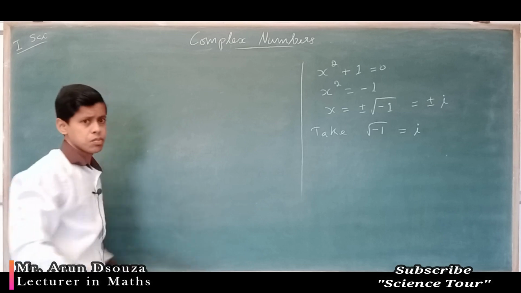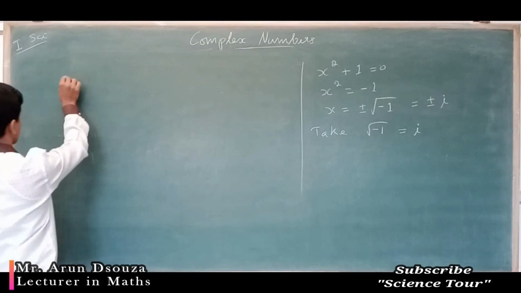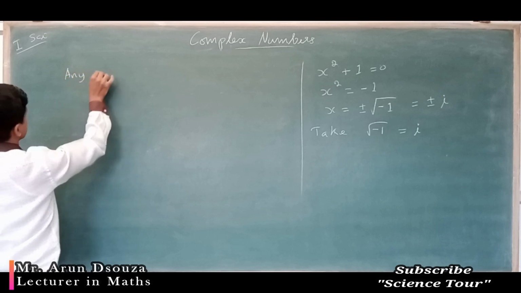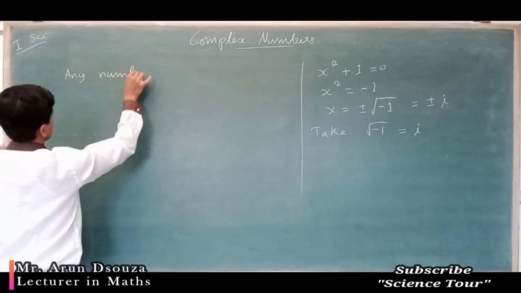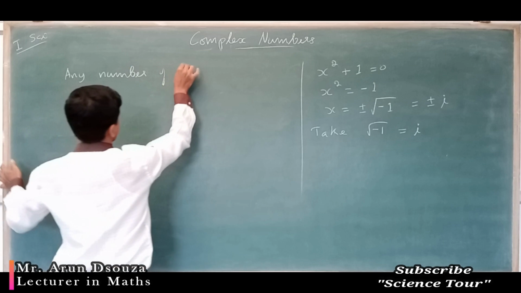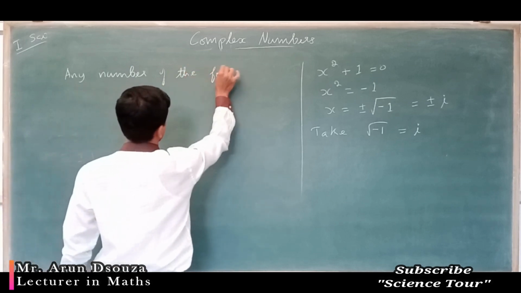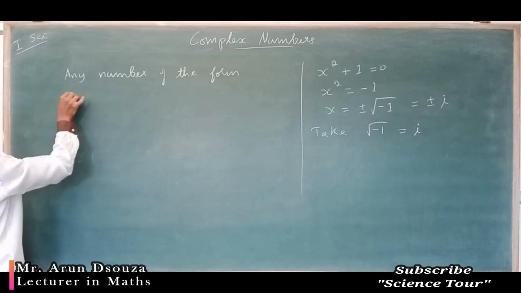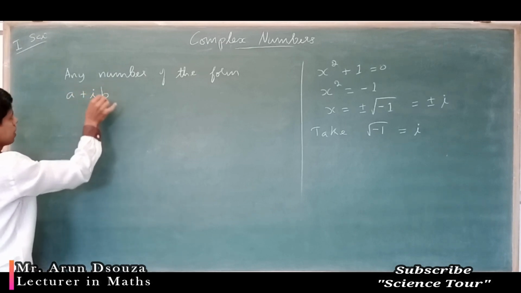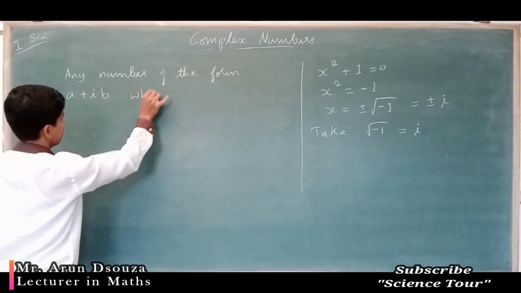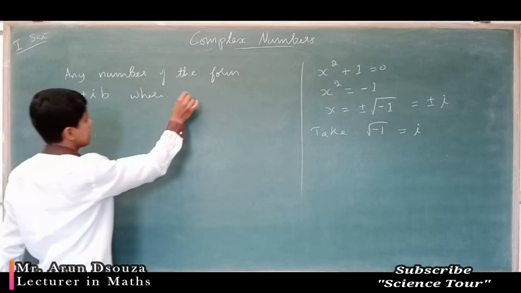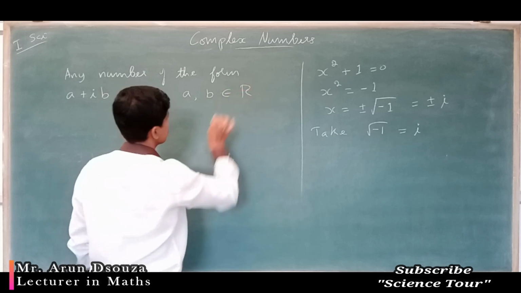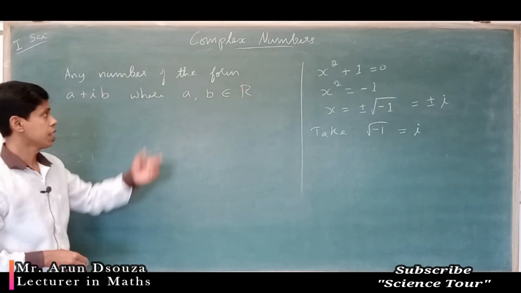A complex number, or any number of the form a plus ib, where a and b belong to the set of real numbers. So what are a and b?